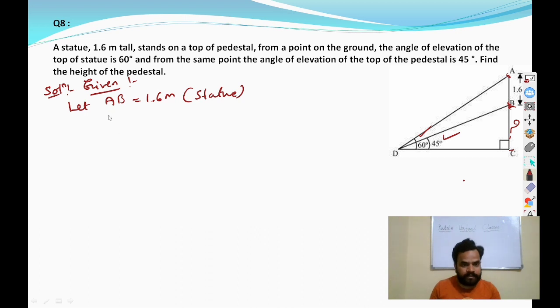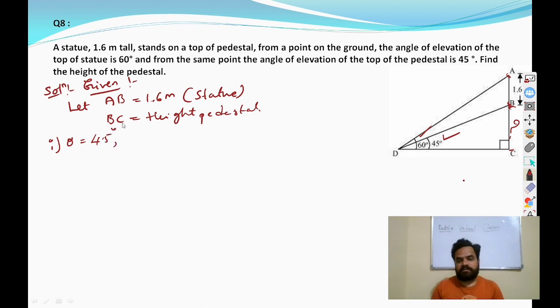Then I will take BC equals the height of the pedestal, which is what we need to find. In the first condition, I will take theta equals 45 degrees. Just now we did this for the sine problem. In the previous problem, tan 45 is 1.